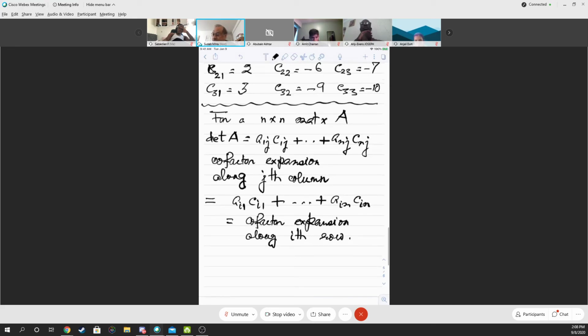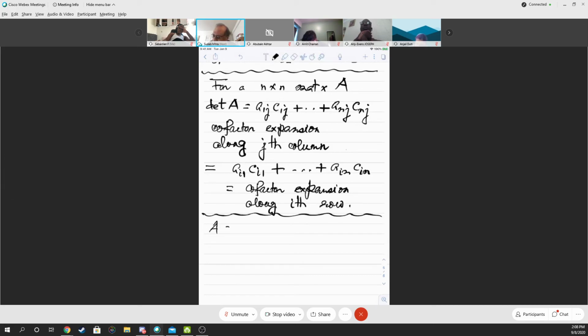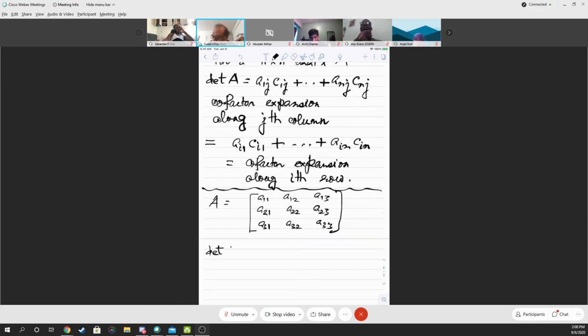So that's the general situation. If A is A11, A12, A13, A21, A22, A23, A31, A32, A33, then the determinant of A is, look, cofactor expansion along the first row: A11 C11 plus A12 C12 plus A13 C13.